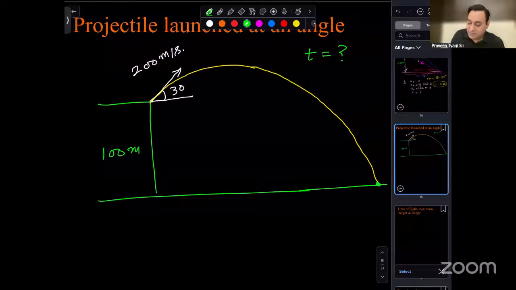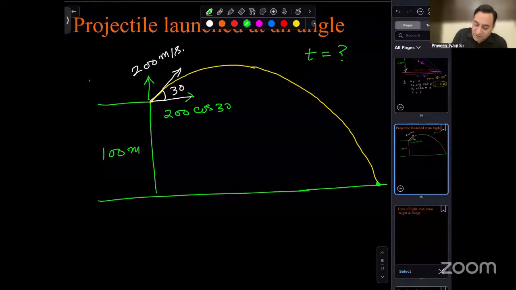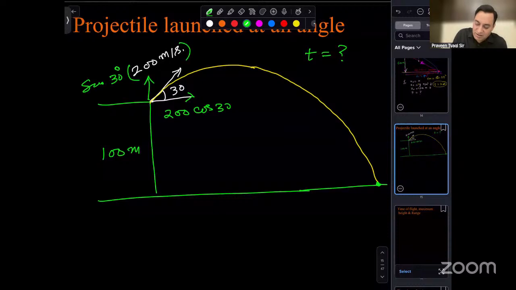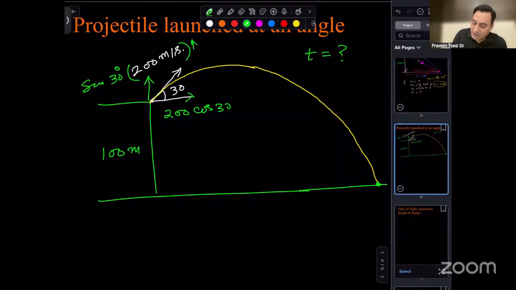So you can see horizontal velocity will be 200 cos 30. Vertical velocity will be 200 sine 30 upwards. And you can just study the vertical motion and get the time.